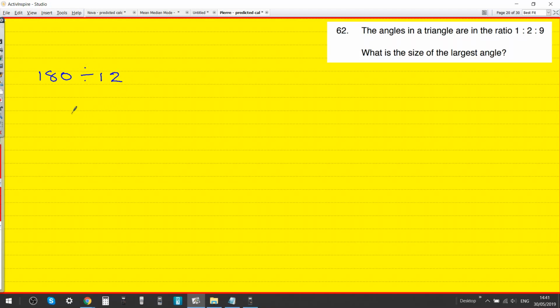So 15 times 1 is obviously 15, and then 15 times 2 is 30. 15 times 9 is 135. So 135 is the largest one. That's fine.